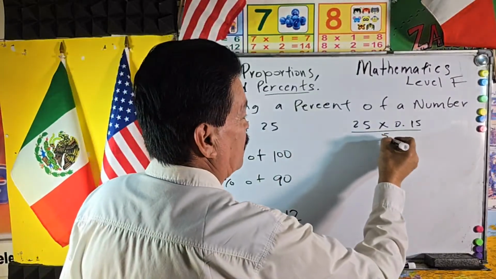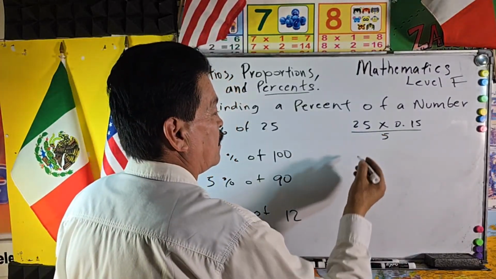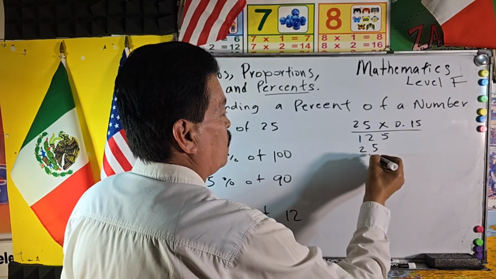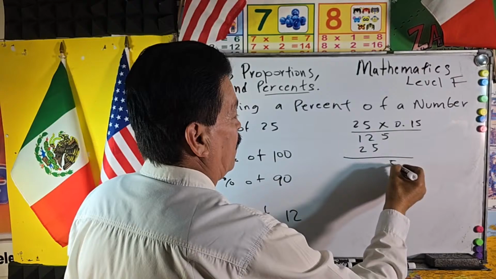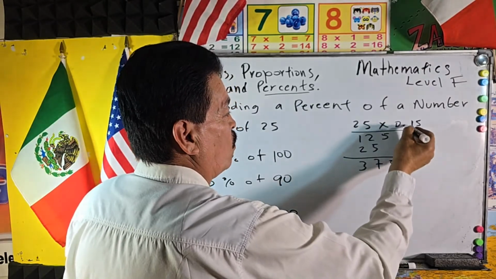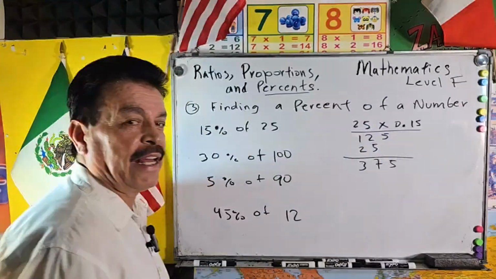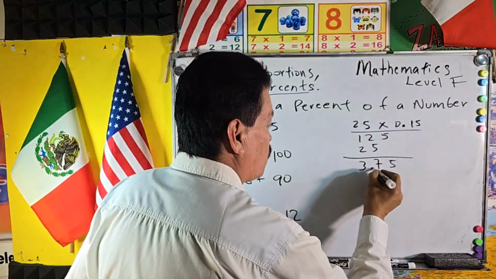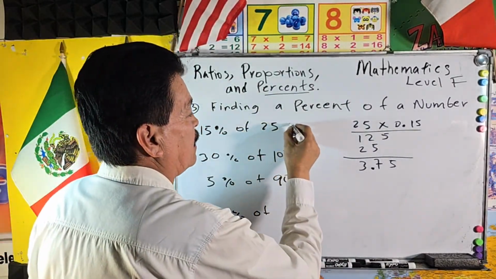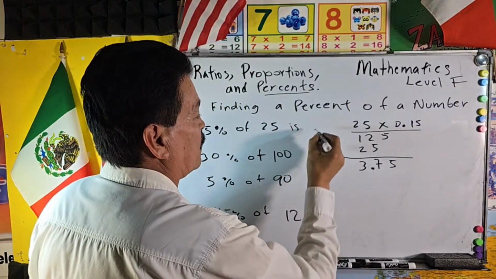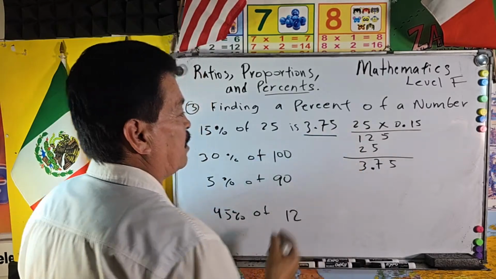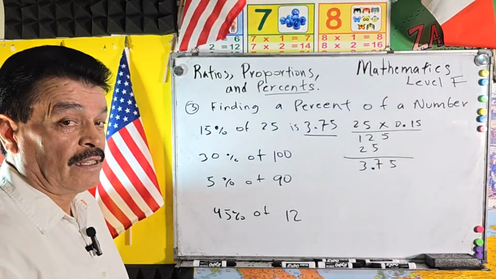5 times 5, 25. And then 5 times 2, 10, and then 1 times 5, 5, plus 1 is 6, 5, 7, and then 3. So we have to use 2 spaces for the decimal, so the decimal you must write right here. So 15% of 25 is 3.75. See how?